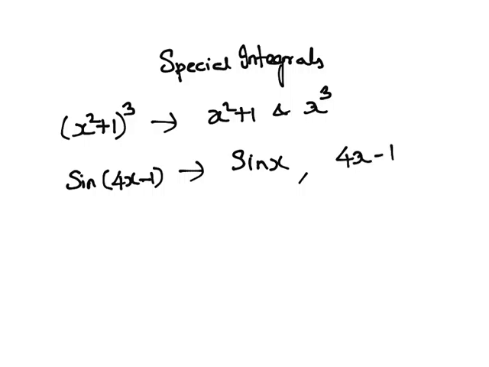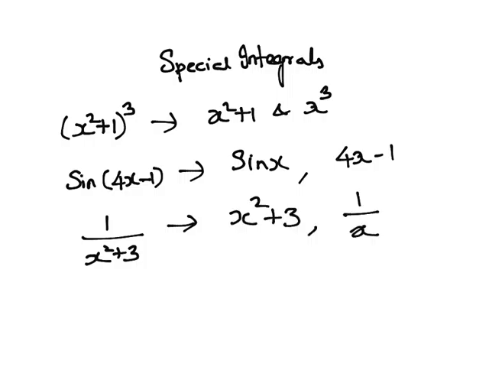Similarly, if I take 1 by x squared plus 3, it is a composition of two functions. One function is x squared plus 3 and the other function is 1 by x. Now, in this particular video, we're going to deal with functions where one of the functions has to be a linear function. For example, like this.